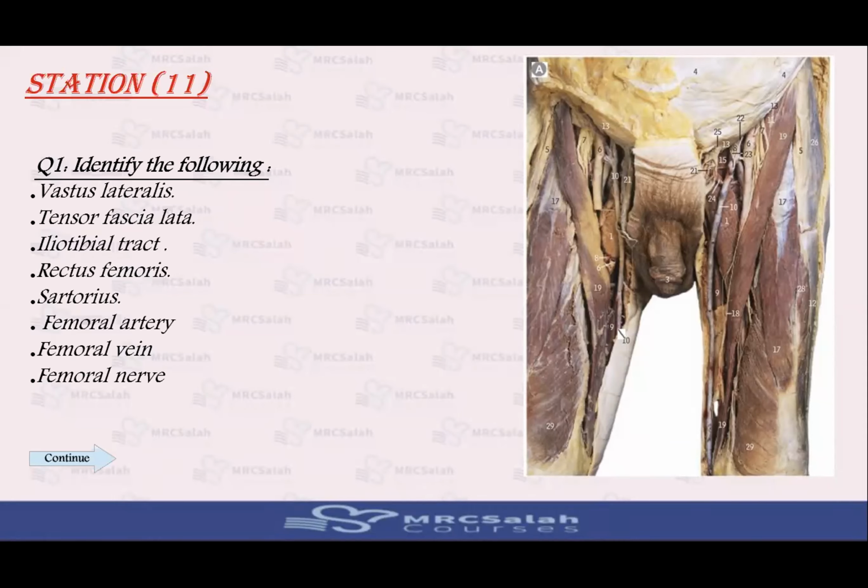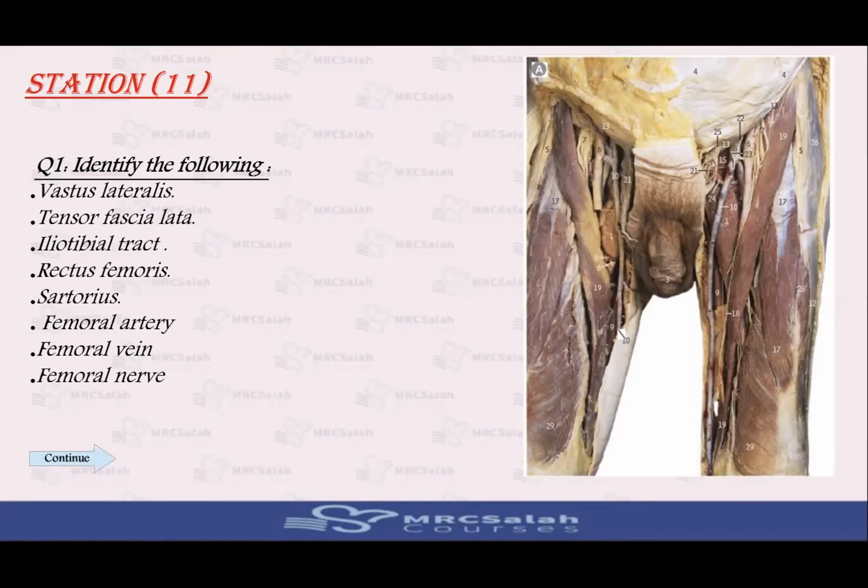The question again: identify another two structures other than the vein in the femoral sheath. The lateral cutaneous nerve? Artery and lymph node only.